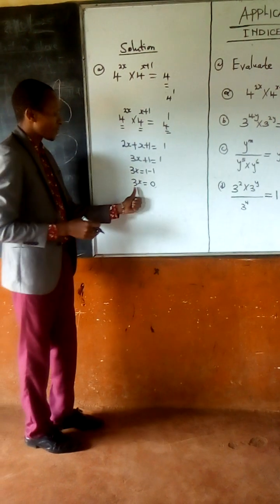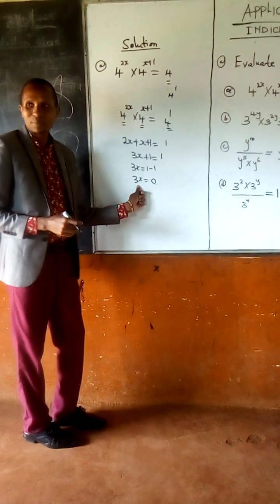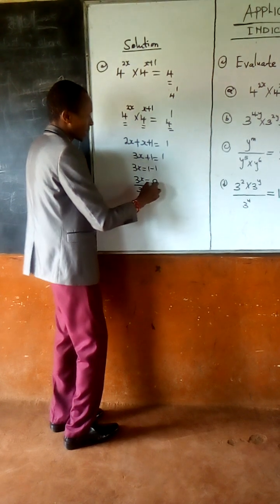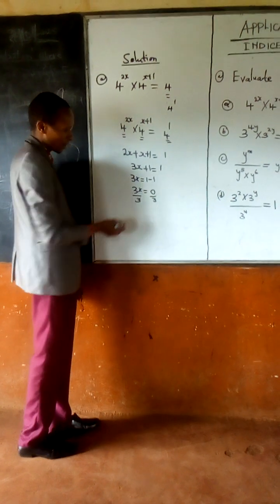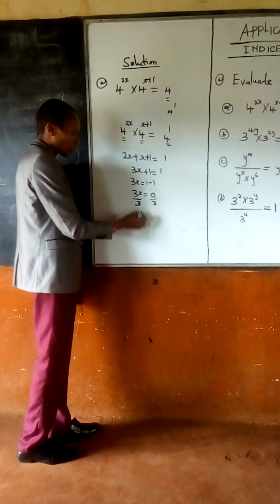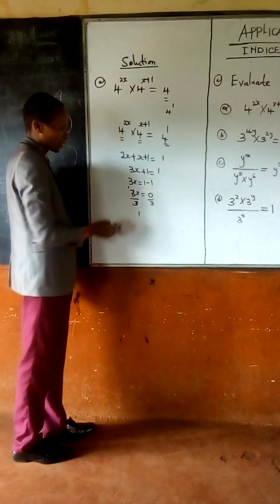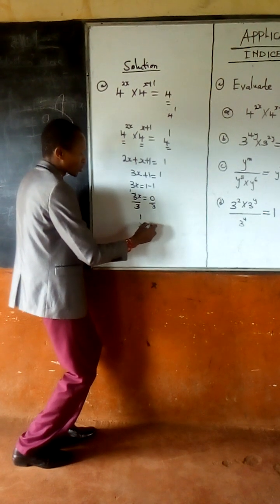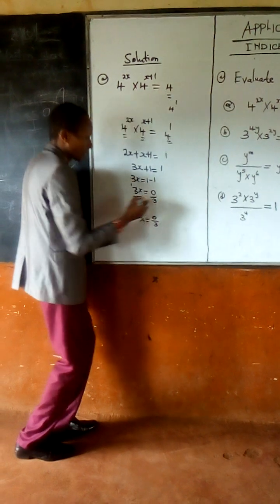Now, for us to get the value of x, you divide both sides by 3. So let's simplify. By 3, 1. By 3, 1. So we are remaining with x here. So our x is equal to 0 all over 3.